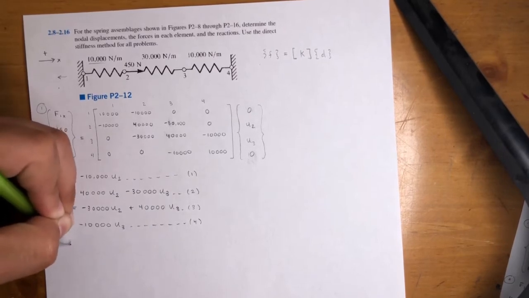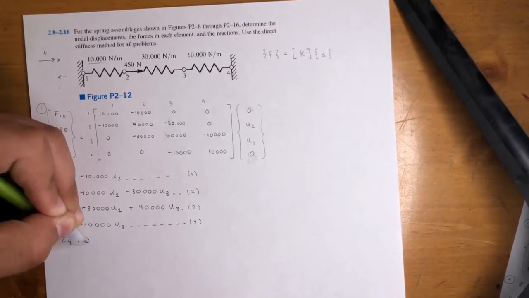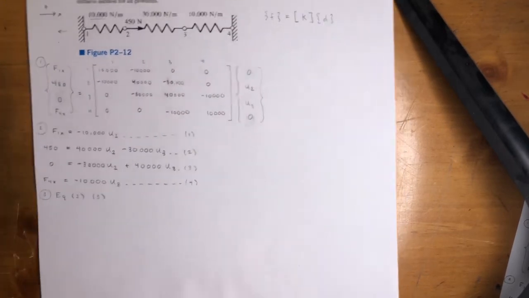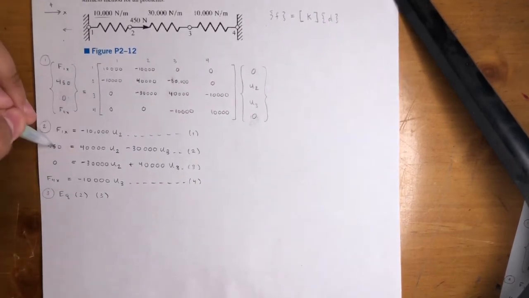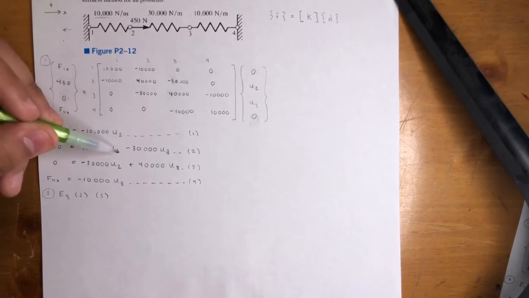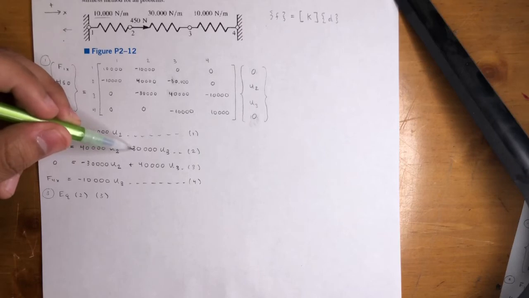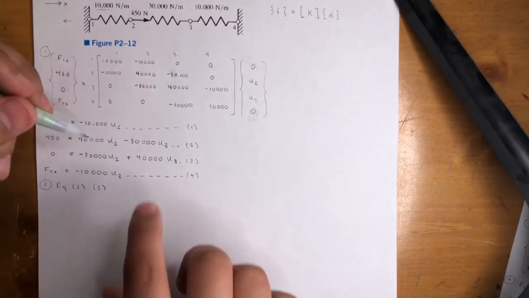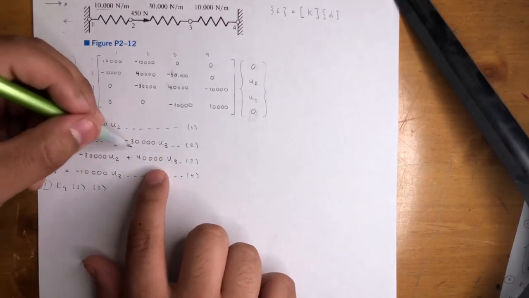Now, there's 2 ways you could tackle this. For equations 2 and 3, you could find a common denominator, right? So we want to reach 12,000. You'll multiply the top by 4 because the goal would be to cancel one of the variables out.